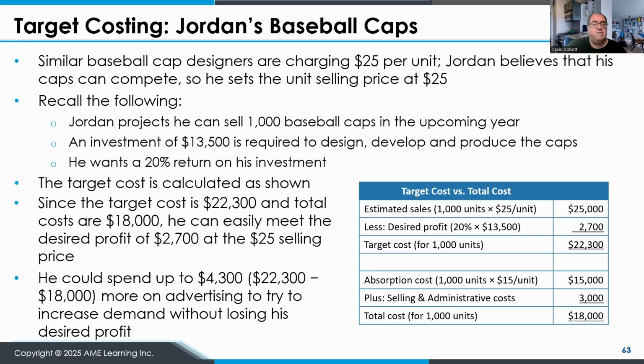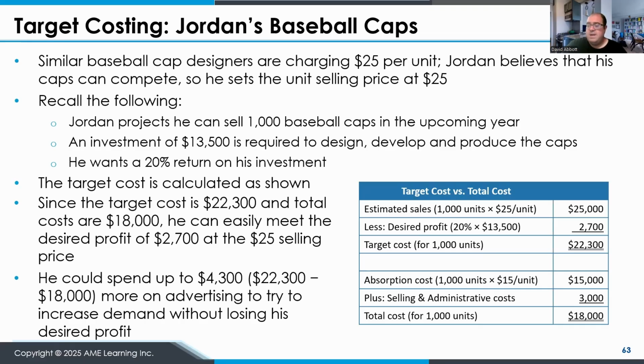And so since the target cost is 22,300 and the total costs are 18,000, he can easily meet the desired profit of 2,700 by selling at the $25 selling price. He could spend up to 4,300 more on advertising in order to try to increase the demand without losing his desired profit.